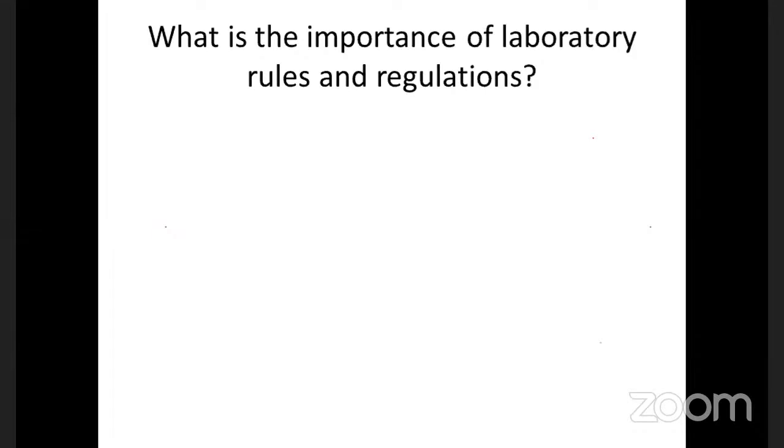Joan, what do you think are the advantages of following the rules and regulations of the lab? It prevents injuries in the lab. Prevents injuries in the lab? I think that is correct. Very good.